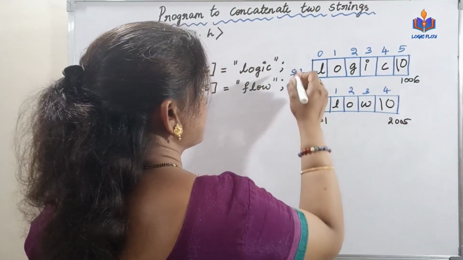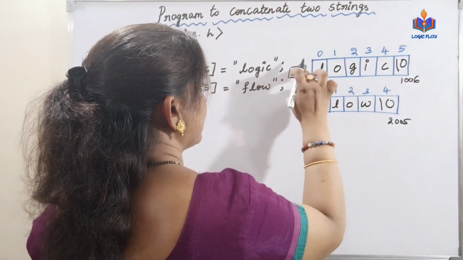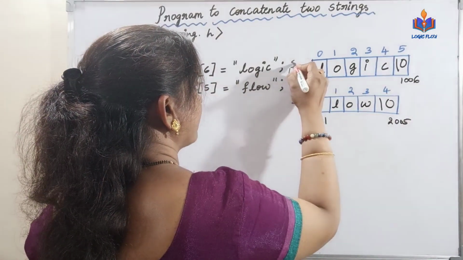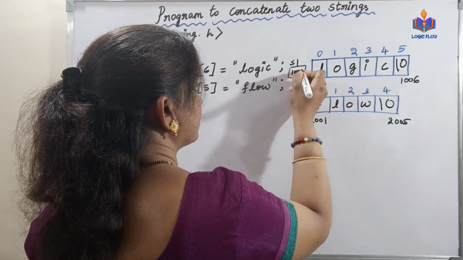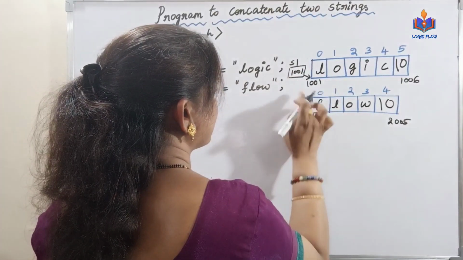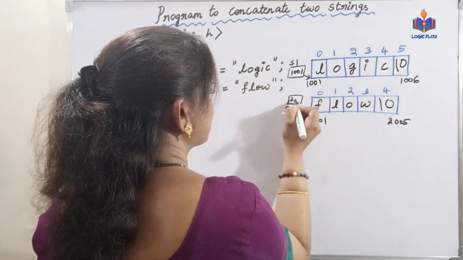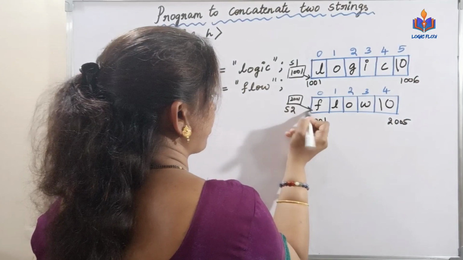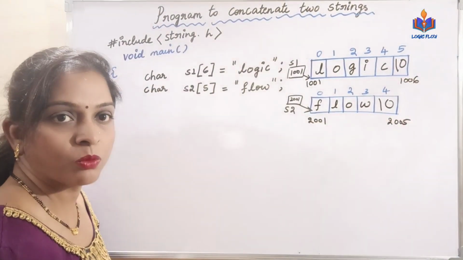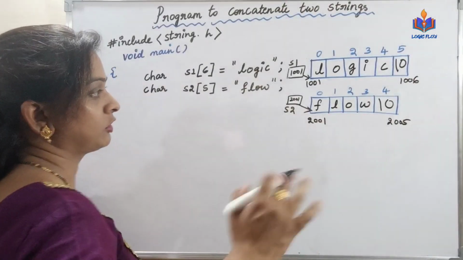S1 is the character array which will have 1001 pointing to this. The same way, S2 will have 2001 pointing to this. So this is how the memory allocation and the character pointer will be pointing.